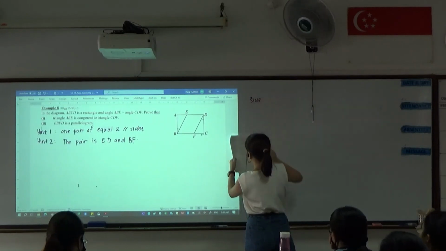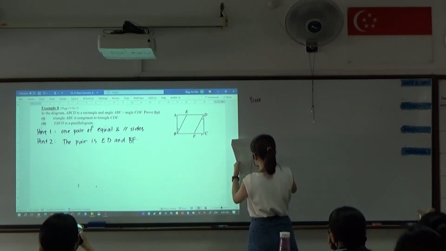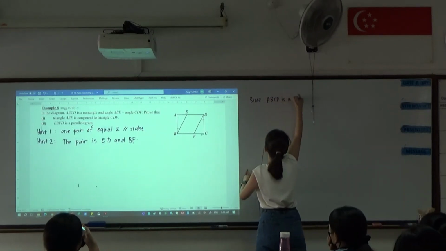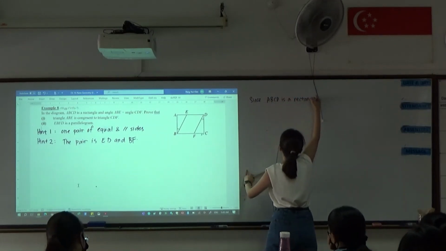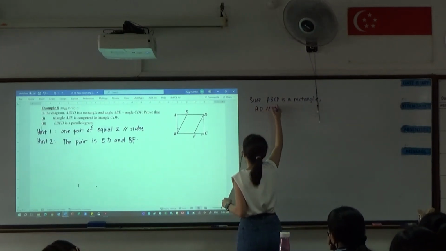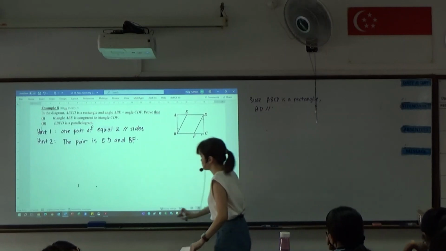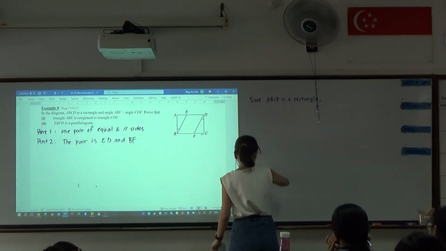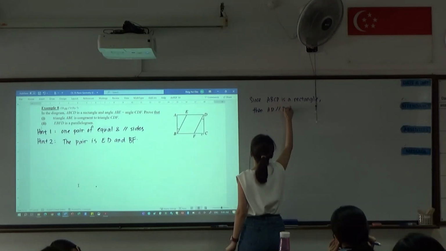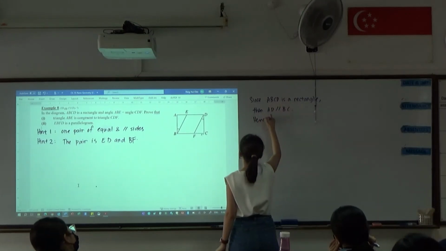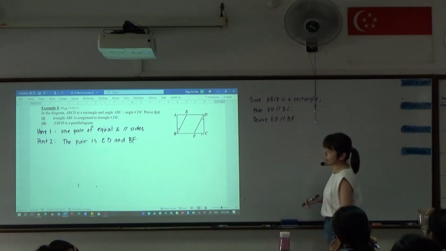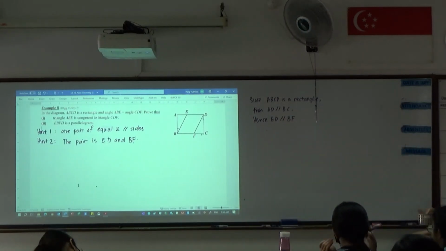Let's answer: since ABCD is a rectangle, ED is parallel to BF. Okay, get it out of the way.